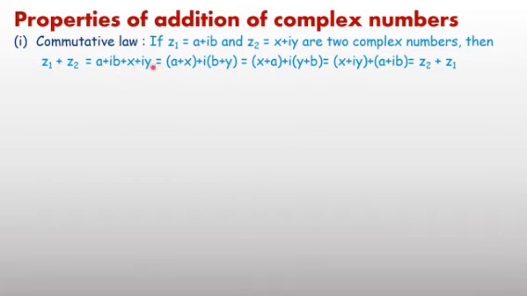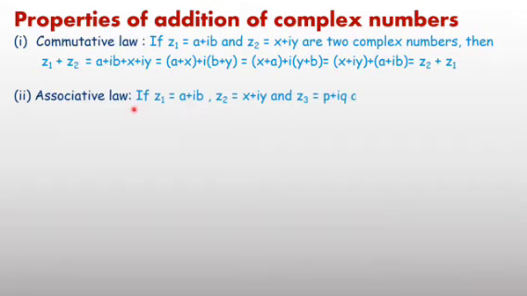Then combine the real parts, means a plus x, plus i times b plus y, and a plus x is the same as x plus a for real numbers, plus i times y plus b. Write separately and you are getting Z2 plus Z1. Or also, second option, just calculate Z1 plus Z2, then Z2 plus Z1, and after that you can observe both are the same. With the help of any example also you can verify this result.